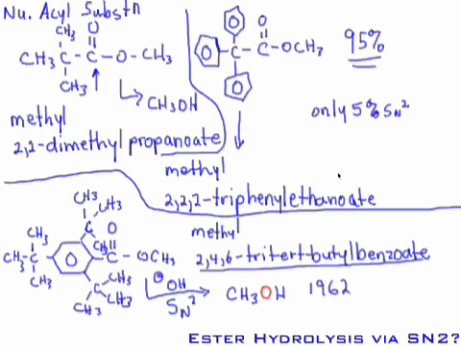So there you have it. I don't expect you to know these percentage values of these two, and I don't even expect you to remember this, but I expect you to remember this one. That way when you go to university and someone presents nucleophilic acyl substitution, you can actually give an example of ester hydrolysis that goes via SN2.